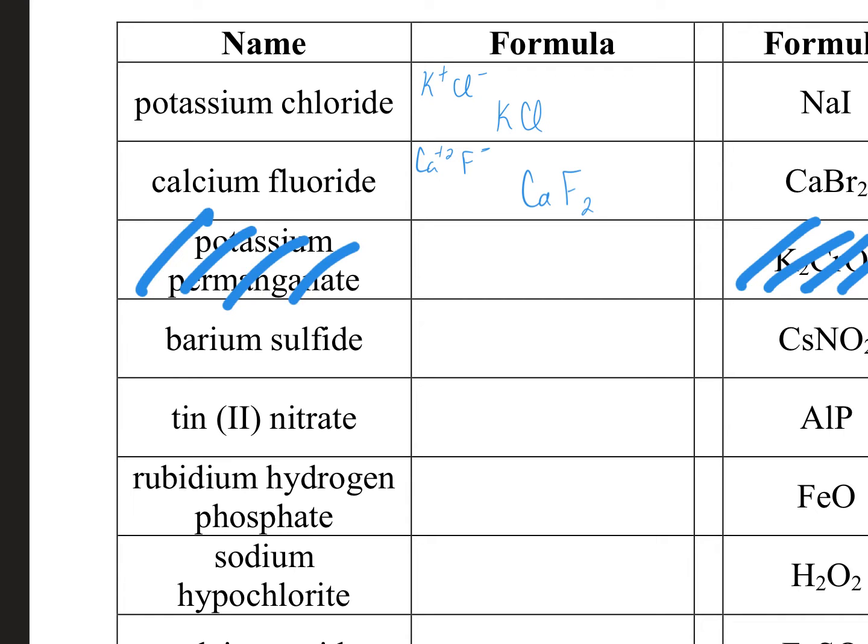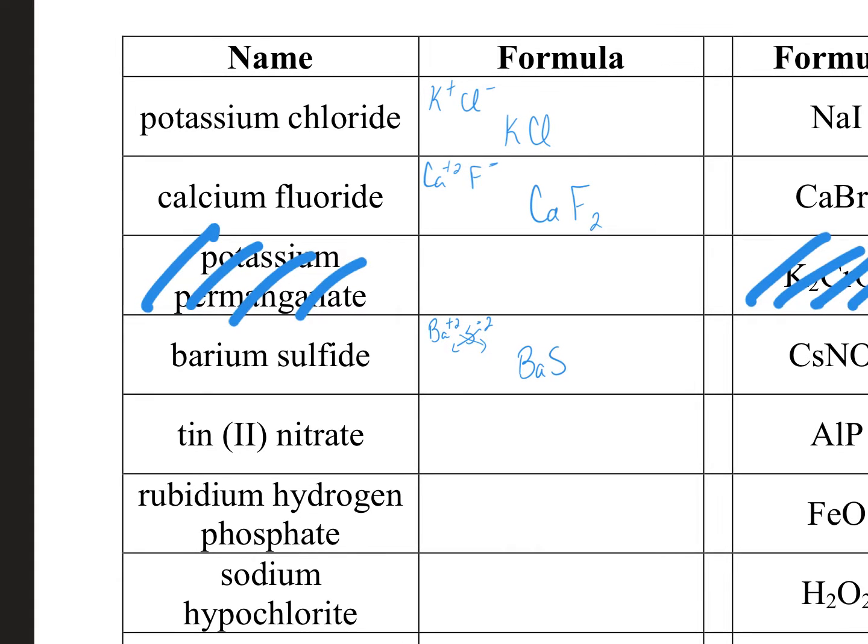Skipping potassium permanganate, barium sulfide is a combination of Ba2+ and S2- to make BaS. Now keep in mind you can't just do the flip down method here because those will cancel each other out.